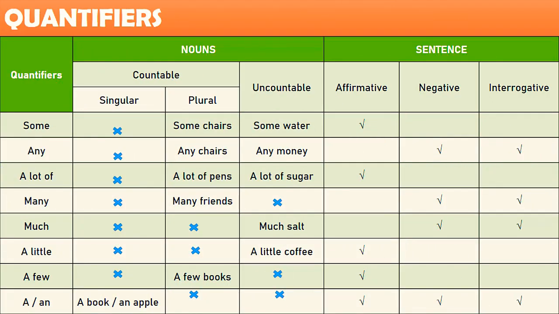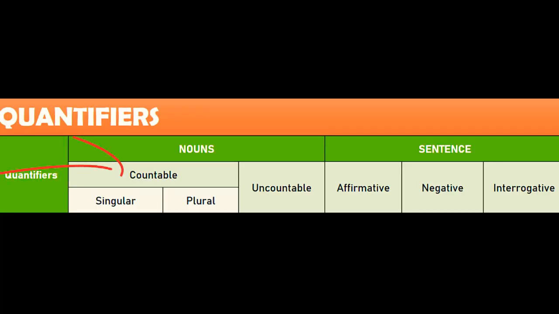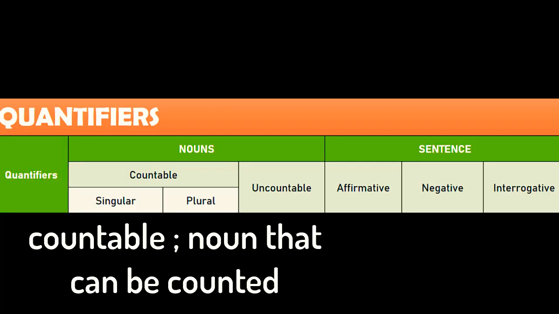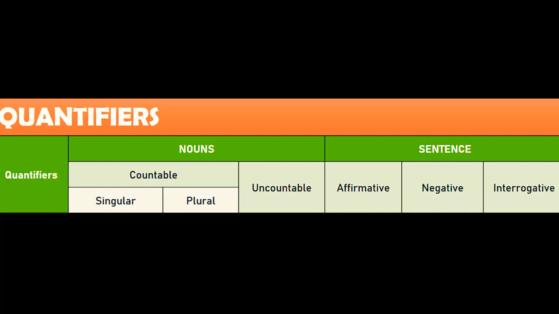Okay, the second one is about quantifiers. There are several quantifiers that you need to know, as you can see in this table. A countable noun is a noun that you can count. It is divided into two parts.